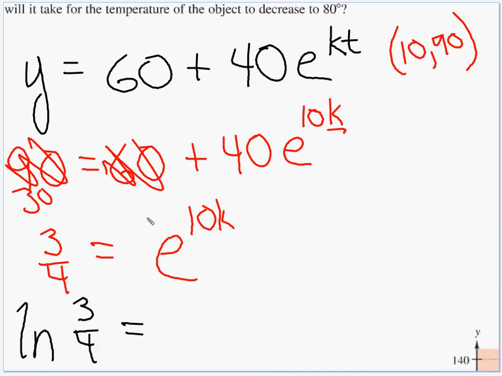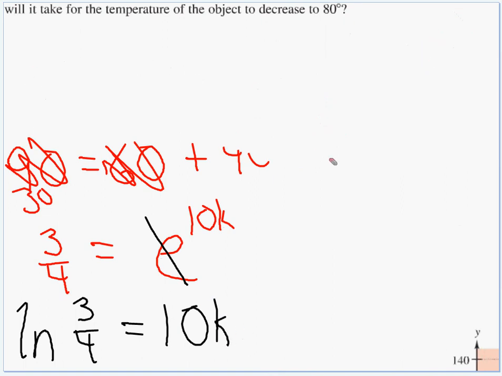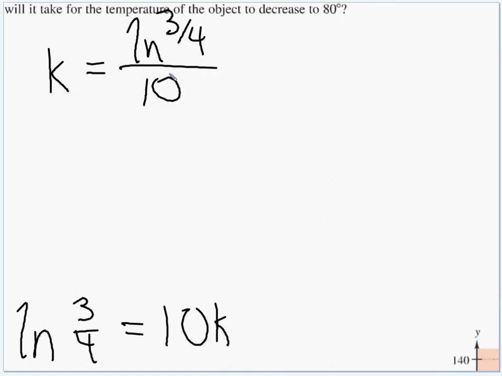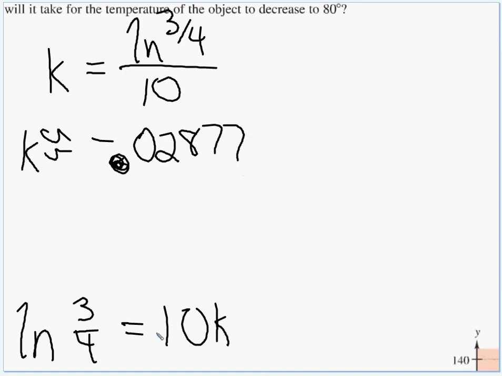Natural log here cancels the e. 10k. And I'm just going to work back up here, get my k on the left. So the natural log of 3/4, all divided by 10. And as a decimal, k is approximately negative 0.02877.